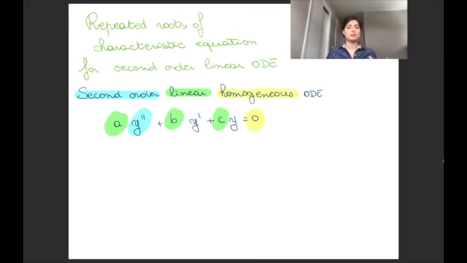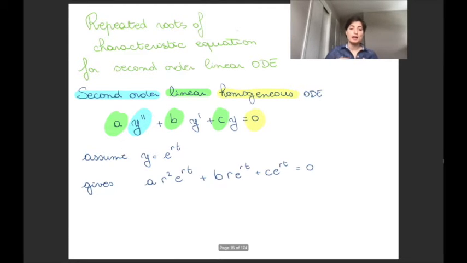We are also restricting to the case in which the coefficients of our linear ODE are not depending on x, so they are just values, not functions. And in this case, we assume that the solution has the shape of an exponential of time, and plugging this assumed solution inside our ODE retrieves this function in time and in r.